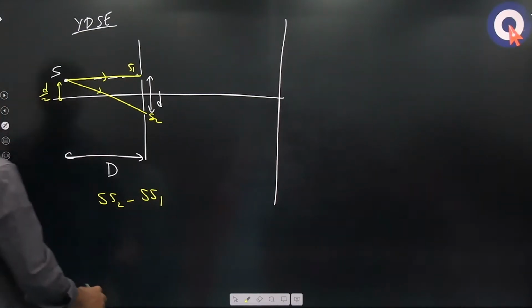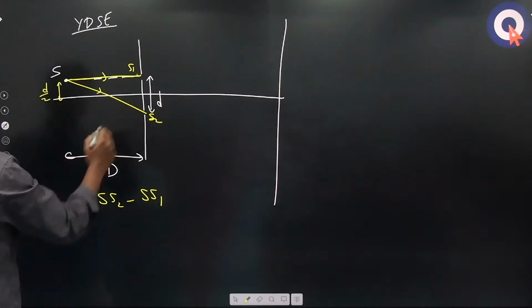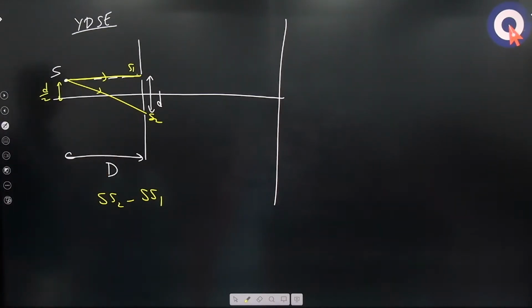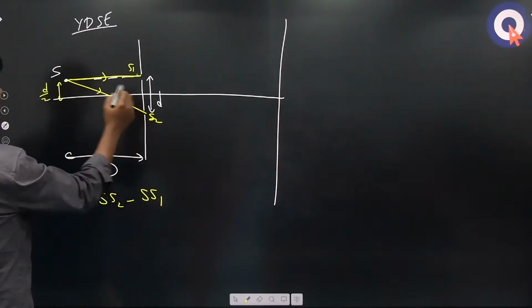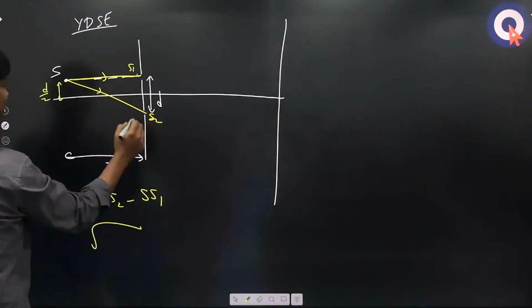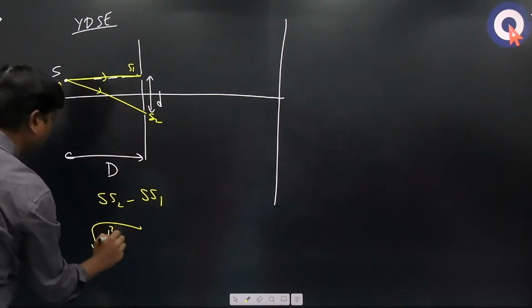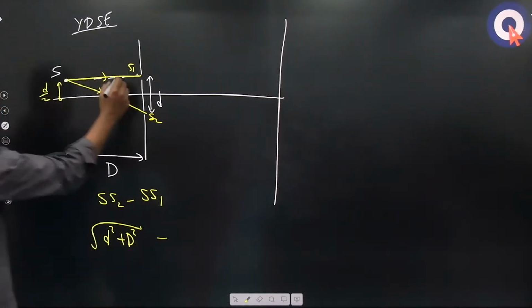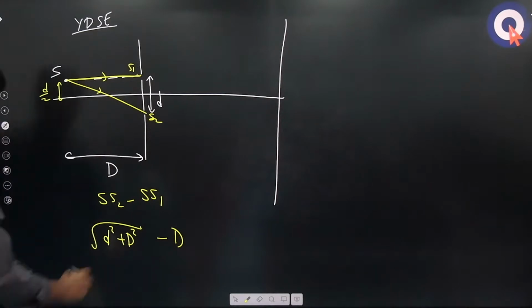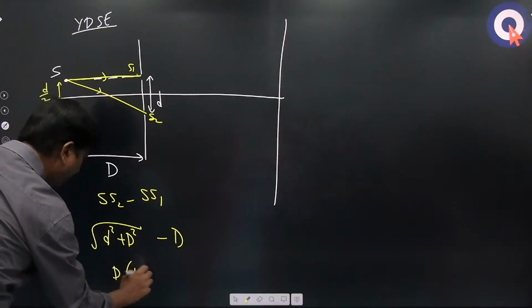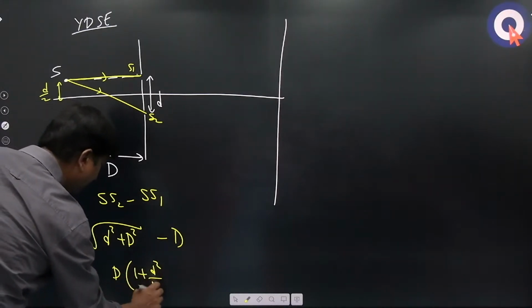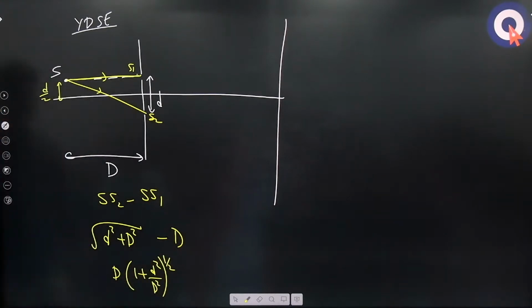So here you will be finding SS2 minus SS1. Can I write SS2 as under root of d square plus capital D square, minus SS1, which is nothing but capital D? Now take capital D common: 1 plus d square by capital D square, whole power 1 by 2.